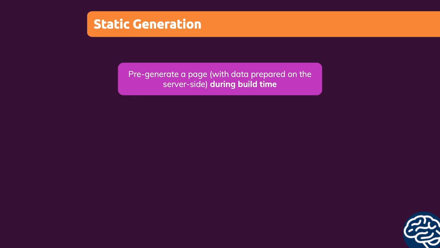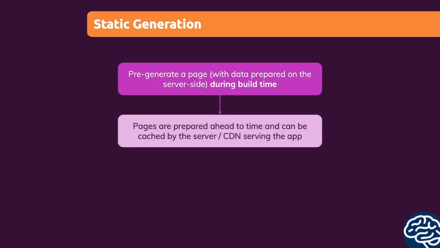Now, because pages are then pre-built during build time, once you deployed them, they can be cached by the server, by the CDN that might be serving your app, and therefore incoming requests can be served instantly with those pre-built pages.